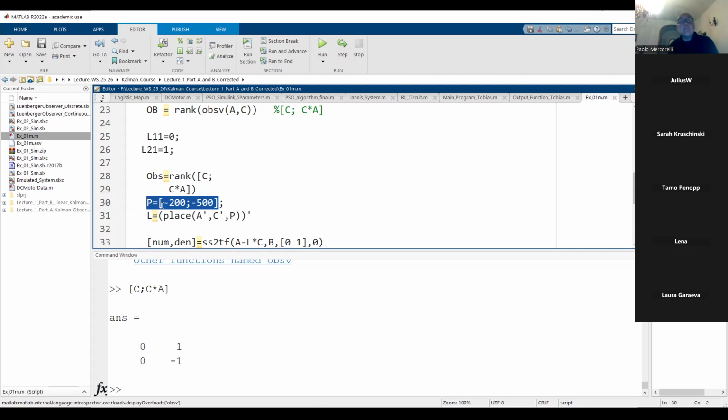which must be, I would like to say, much faster than the system. The reason is easy to understand because I have to observe a phenomenon. I have to estimate, we will see later, the dynamics of a phenomenon. And this means the observer must be much faster than the phenomenon itself.